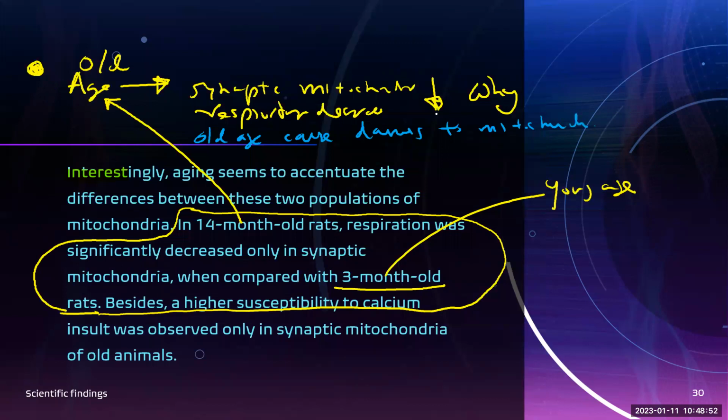Interestingly, aging seems to accentuate the differences between the two populations of mitochondria. In 14 months old rats, respiration was significantly decreased only in synaptic mitochondria when compared to 3 months old rats. You should also keep in mind why they use animals for this experiment: because it's very difficult to do this kind of experiment in humans, since analysis is difficult and it's very unethical to use humans.